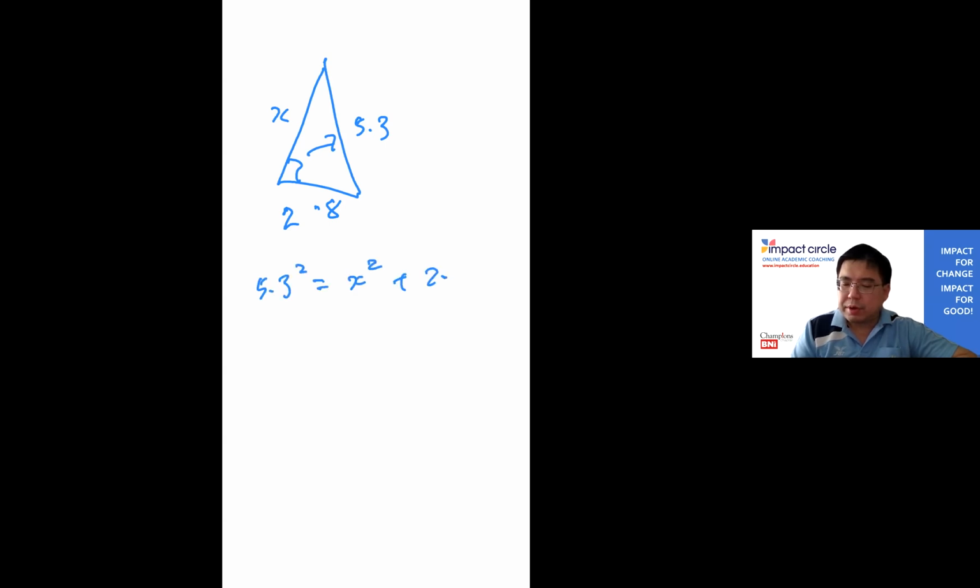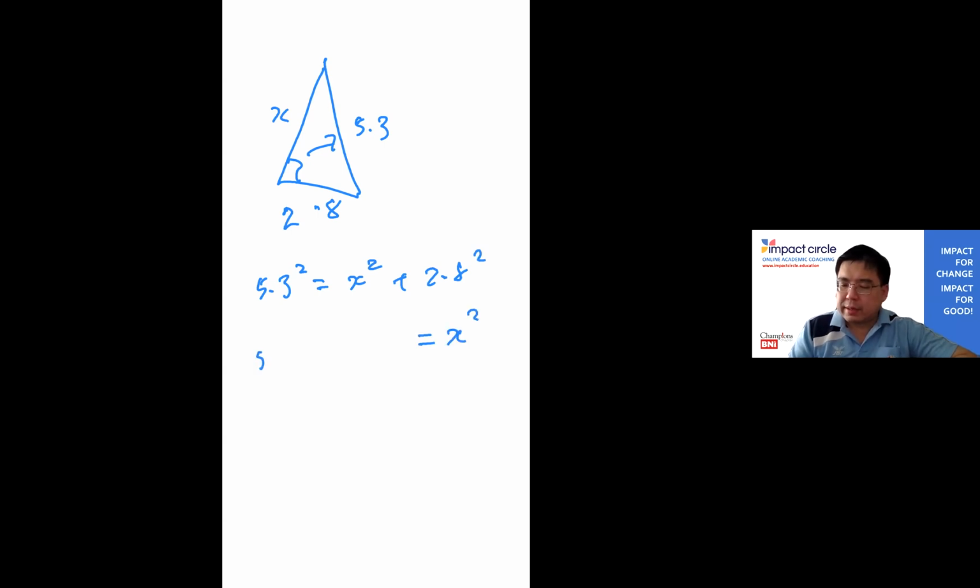For the next question, we have a triangle that looks like this. Forming the equation, 5.3 is the hypotenuse, so 5.3 squared equals x squared plus 2.8 squared.